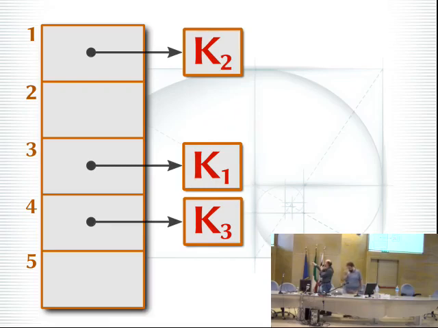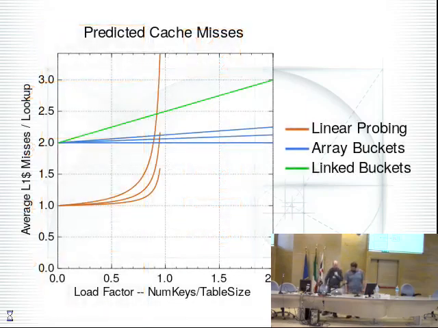If I'm looking at this one, I get the hash of 1, I read it, yes, it's identical, so good, done, 1 cache line read. If I'm looking for this one, same thing. And if I'm looking for this one, I read this slot and it's not it. I have to read again, so I have to do a second probe. But the second probe is usually in the same cache line. And so that's why we have this.